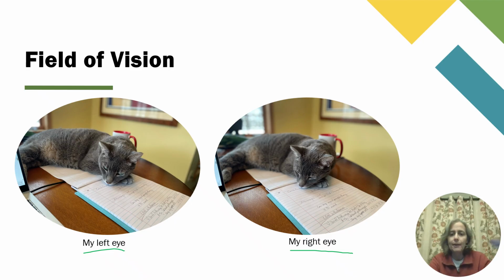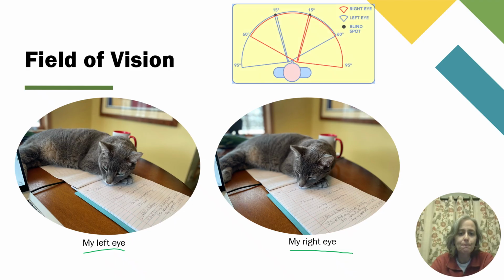Okay. So these are basically the fields of vision of what I'm seeing in my left eye and my right eye. To be honest, I took these in portrait mode with my phone, so you're not going to have this fine detail, and you're not going to have as vibrant colors as you can see in these images.